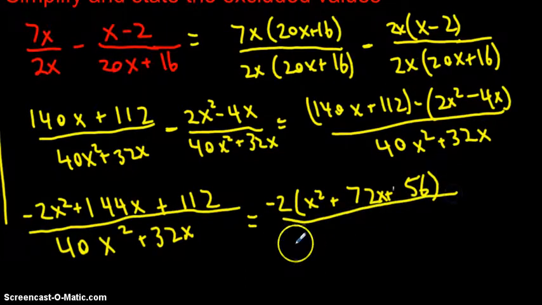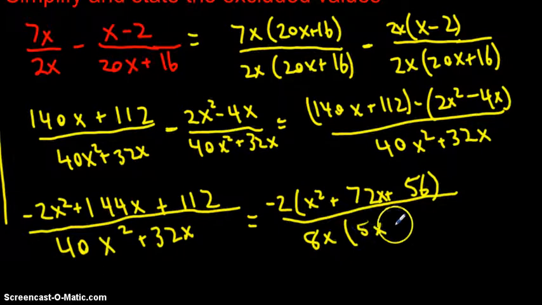And our denominator has a GCF of, what goes into both of these? 8x. Leaving a GCF of 5x plus 4.